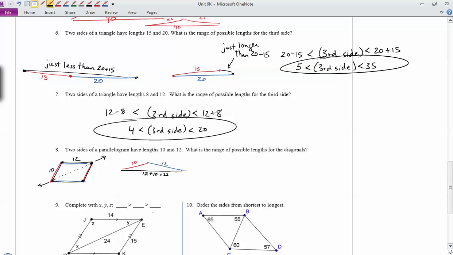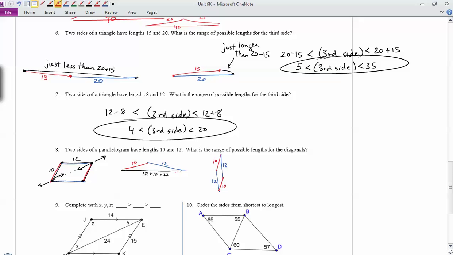Now if I squeeze these together instead, then you'll get the shortest diagonal possible. So here it's going to look more like this. Here's the 10, and here's a 12, and here's another 12, and here's another 10.